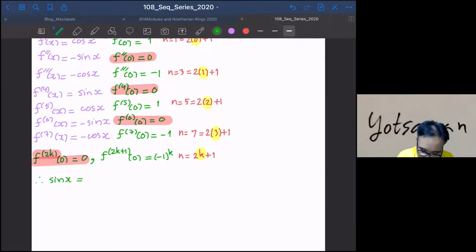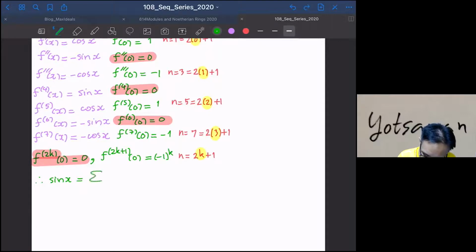So you have sin x must be the series, k equals 0 to infinity, of the k-th derivative. Let me write it this way.